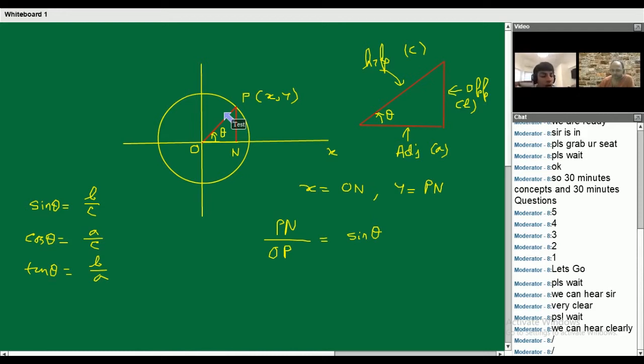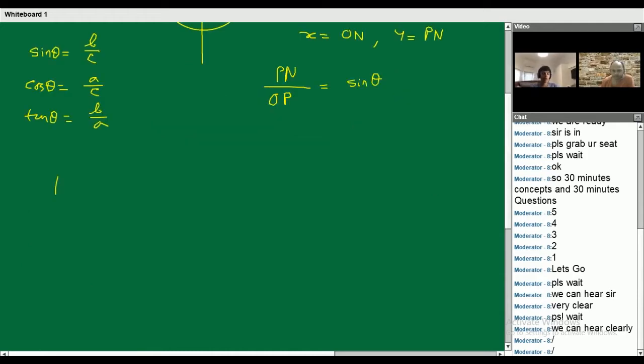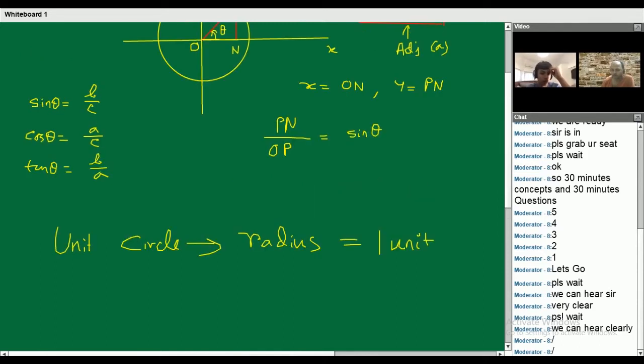What is the definition of unit circle? Unit circle means the radius is equal to 1 unit. This is the definition. Any circle with radius 1 unit is called a unit circle.